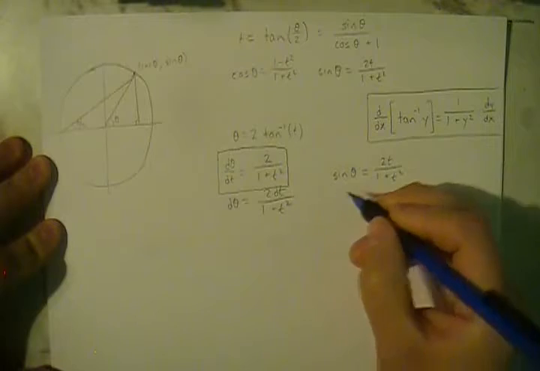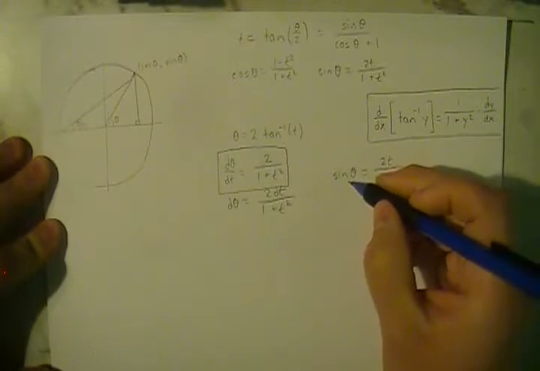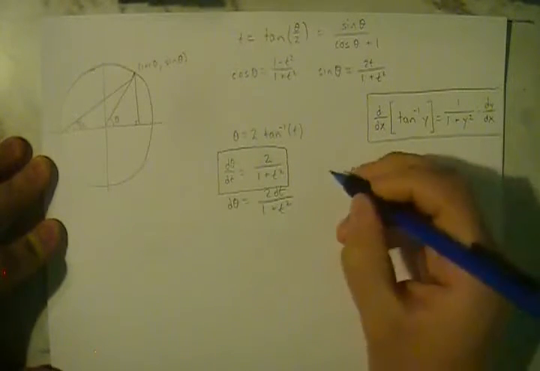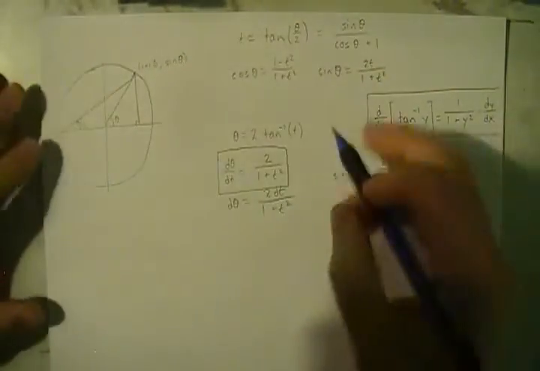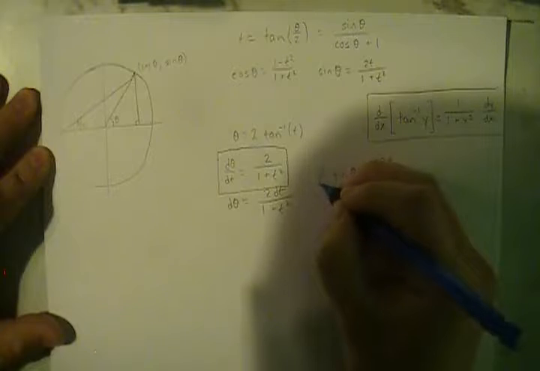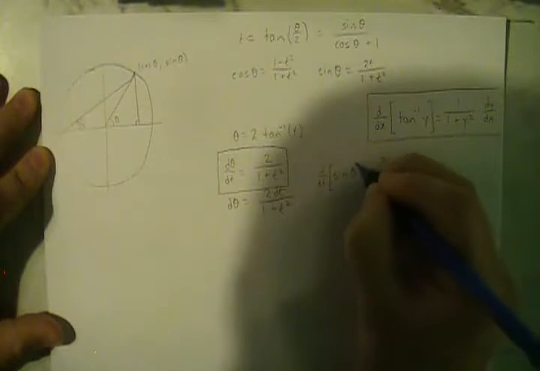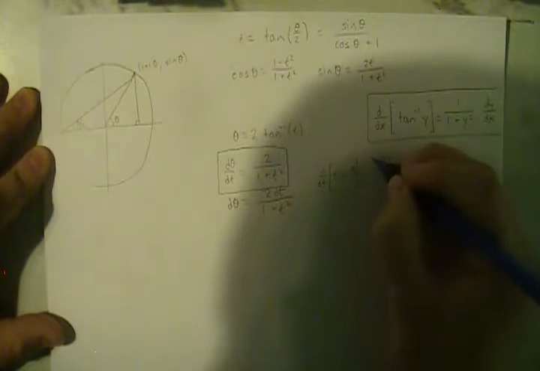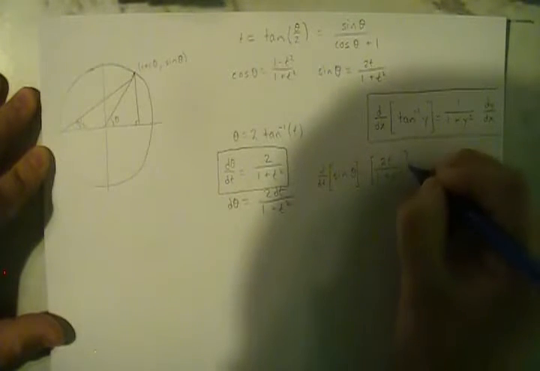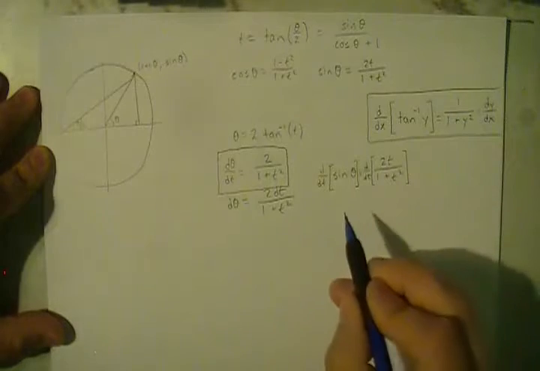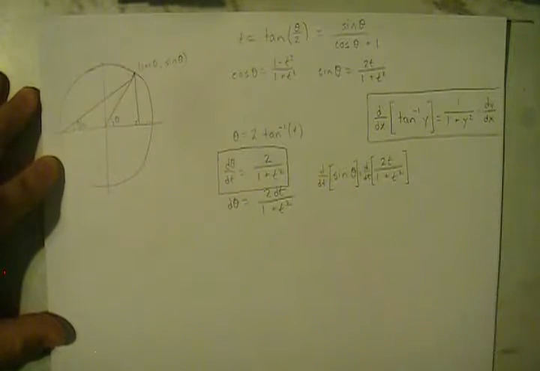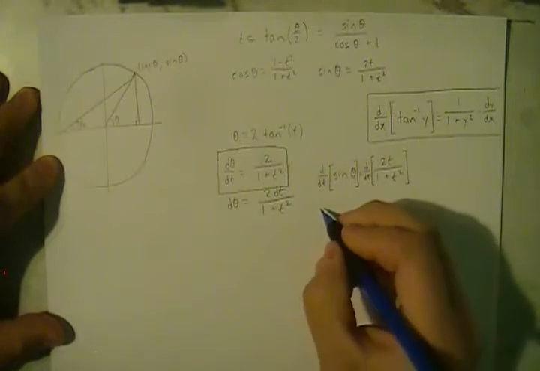And if I want to take the derivative with respect to t of each side of this equation, then I want to verify that I can do this operation and it will make sense.